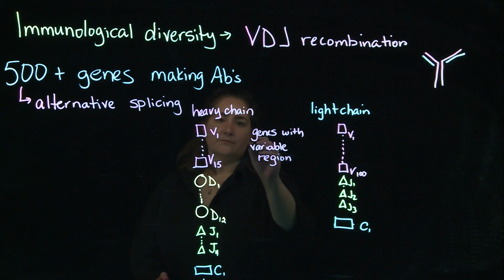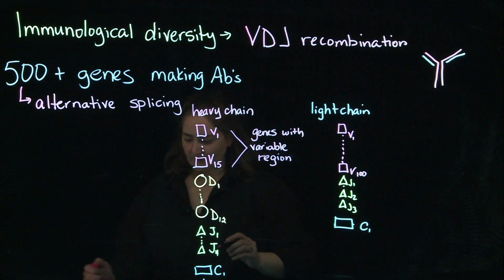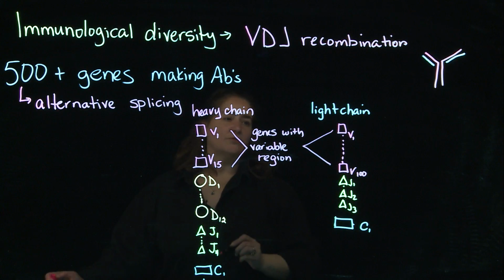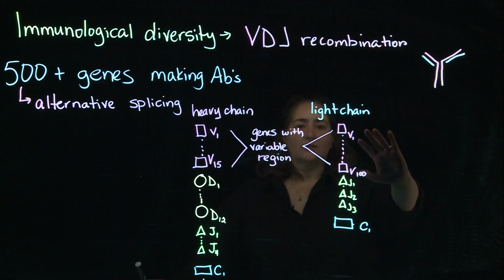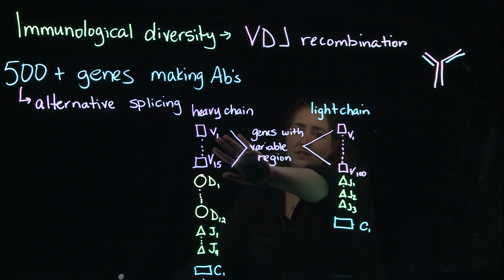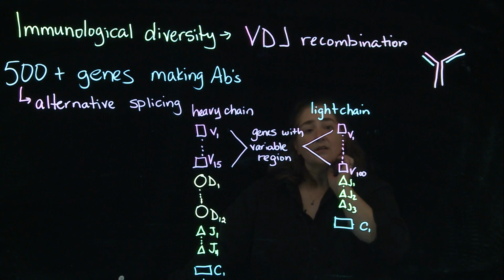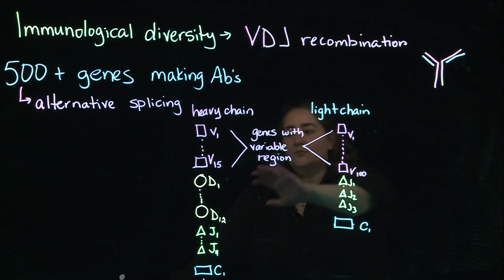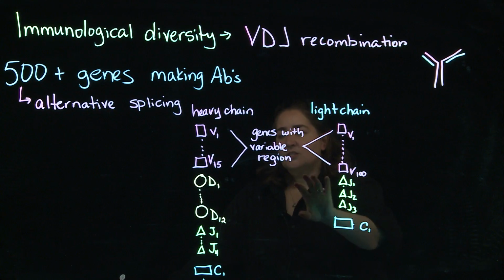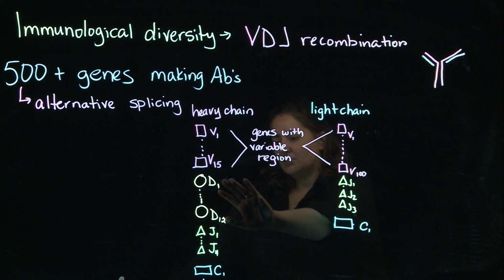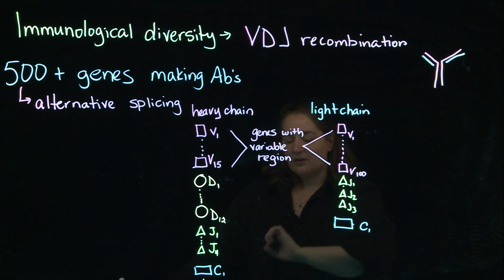The variable region, okay? And what you've got going on here is there's a lot more variability in the light chain than there is in the heavy chain, okay? You've got a portion associated with the heavy chain that's not found in the light chain. That's the D region. Both are going to have a J region. Both are going to have a C region.